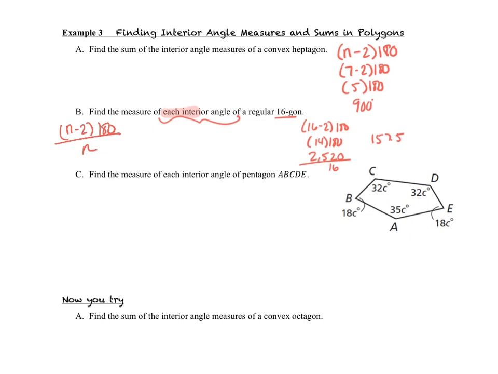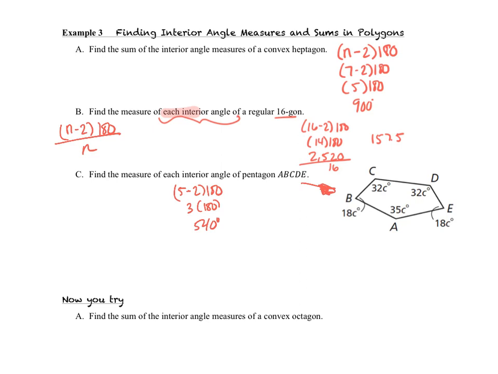Okay, find the measure of each interior angle of this pentagon in particular. This is another scenario. So what this means is that this pentagon is 5 minus 2 times 180, which is 3 times 180, so that's 540 degrees. But I already know these angles are 32C, 32C, 18C, 35C, 18C.